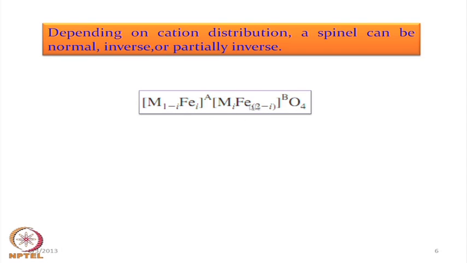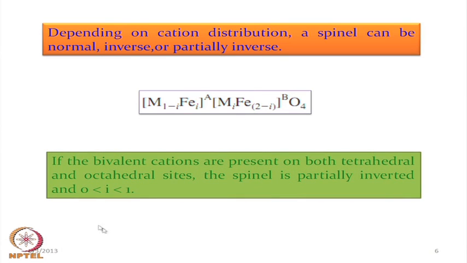So, we have this particular formula for the partially inverse spinel structure. If the bivalent cations are present on both the tetrahedral and the octahedral sites, that means the M is present both here as well as here, the spinel is known as a partially inverted one, and the I value can range from 0 to 1.